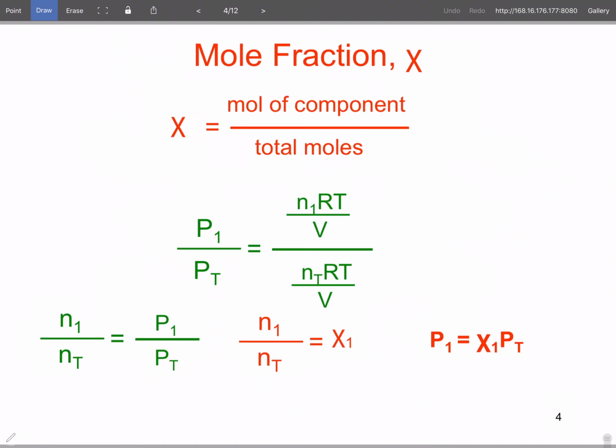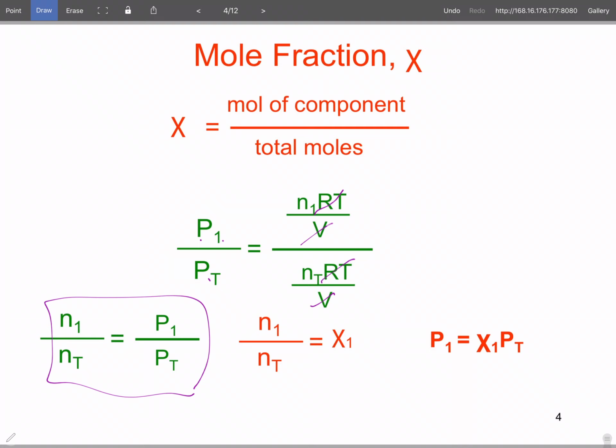Okay, which brings us to our next unit, which is mole fraction. Mole fraction is the moles of a component over the total moles. So if we take the pressure of gas 1 over the pressure total, then that's n1 moles of gas 1 RT over V divided by the total moles RT over V. So what ends up happening is these cancel and we're left with this form right here.